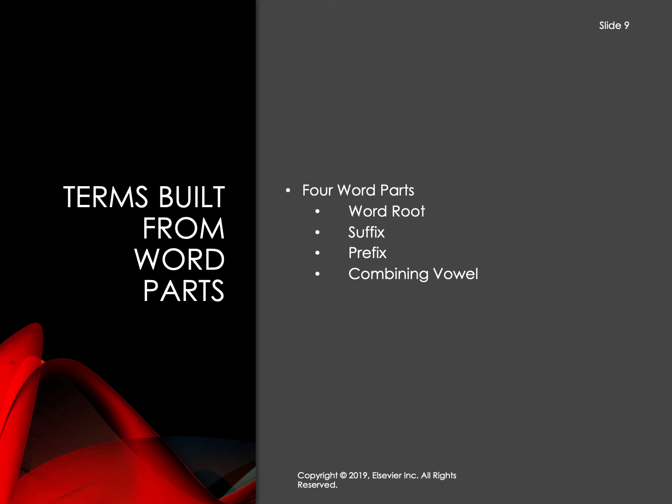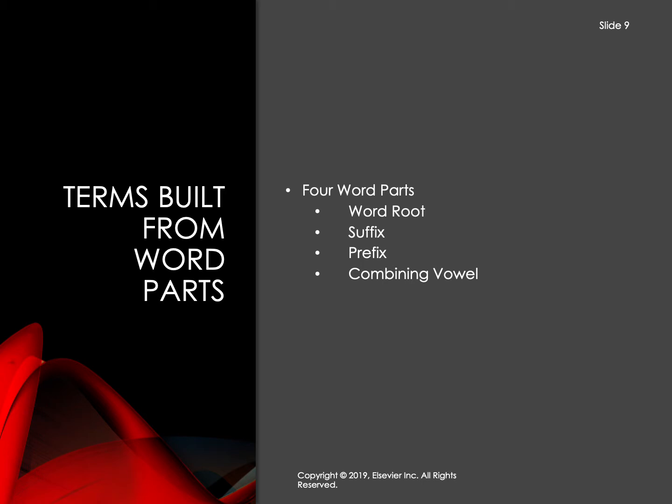And the combining vowel, which is typically an O, not all the time, is going to be placed between two root words and between a root word and a suffix if the suffix does not begin with a vowel. Take arthritis, for example.